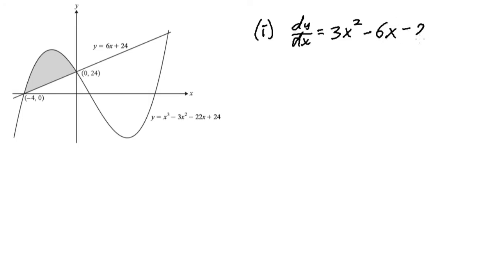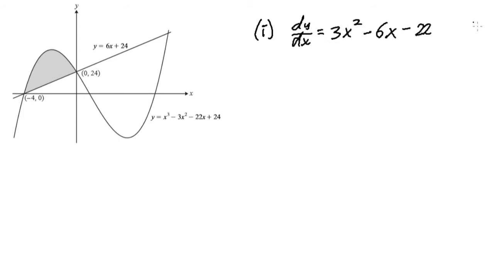Then you take 22x to the power 1. Drop the power, it's just the same coefficient, and x to the power 1 minus 1, which is 0. So x to the 0 is 1, and so it is just minus 22.